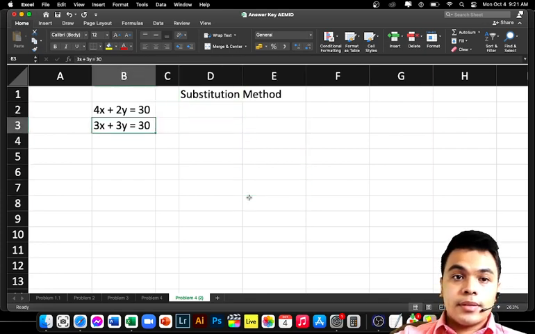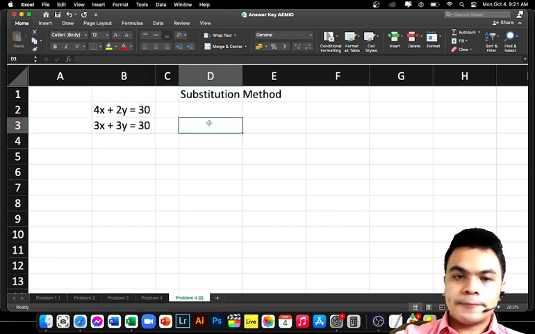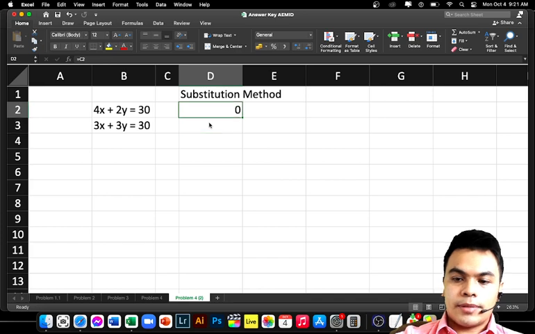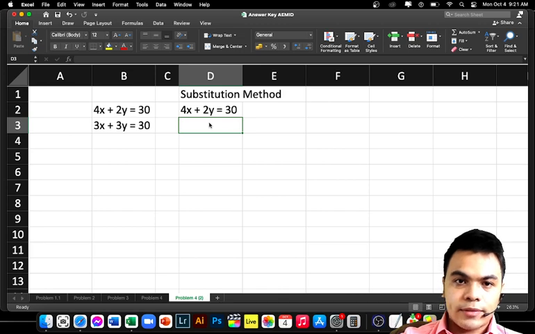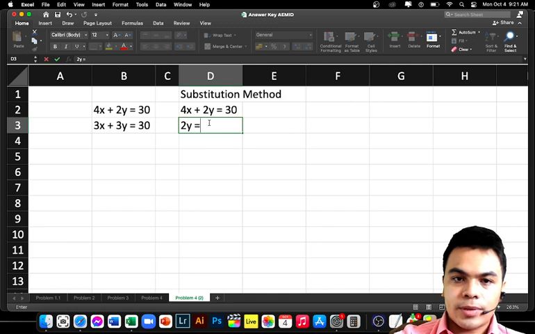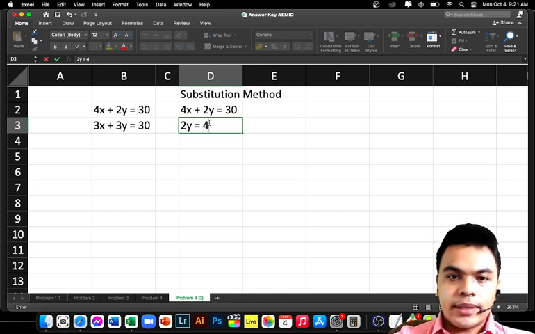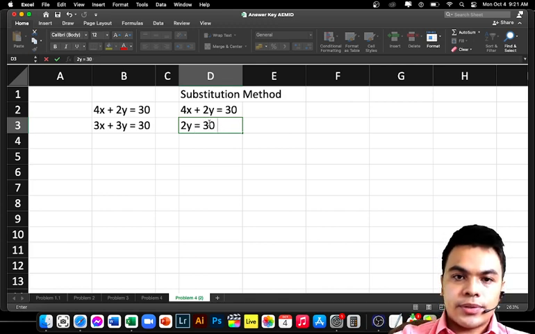Ayan. Let's say we will use this equation as our base equation. Ito naman yung sa-substitute natin. Okay, so let's try to find the value of y dito. Yun ang isa-substitute natin. So, 2y is equal to 30 minus 4x.